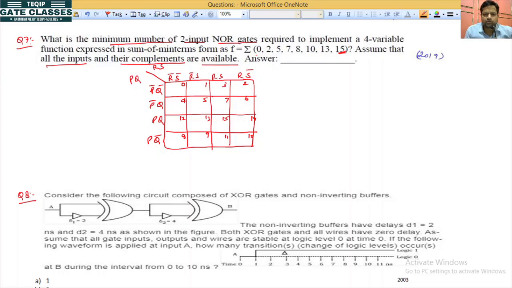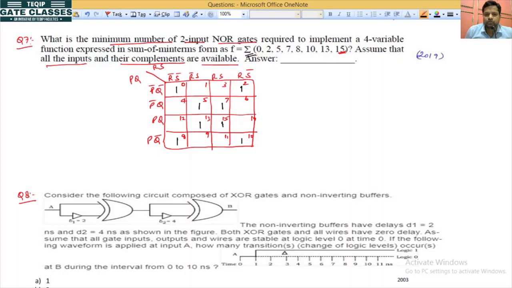Now we have 1 in cells 1, 5, 7, 8, 10, 13 and 15, because the sum of minterms is given.